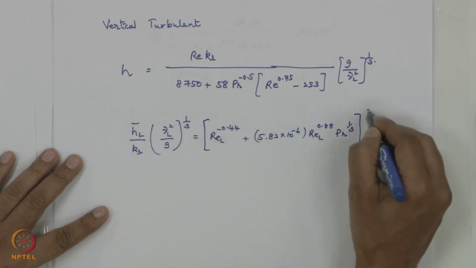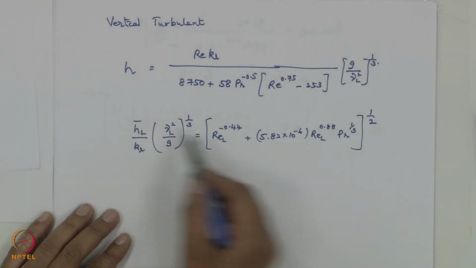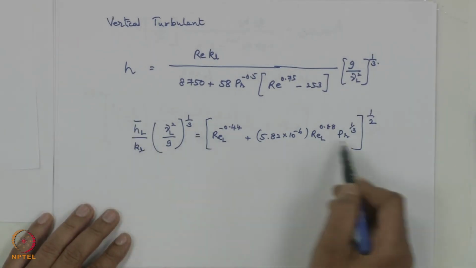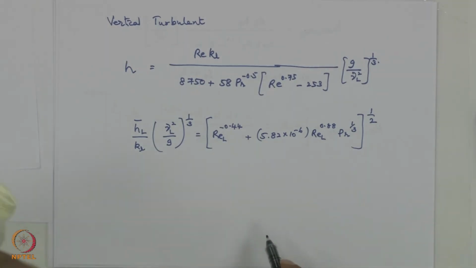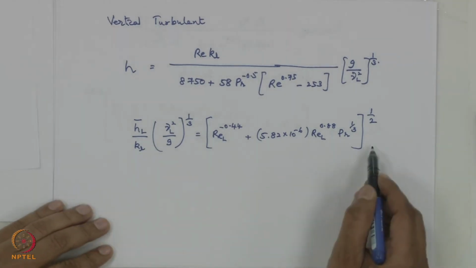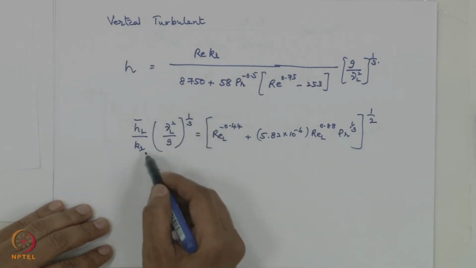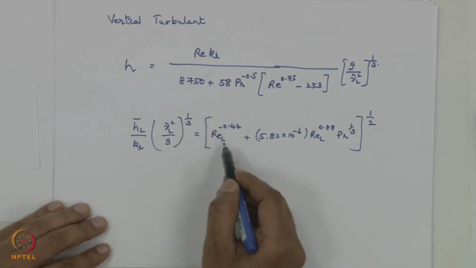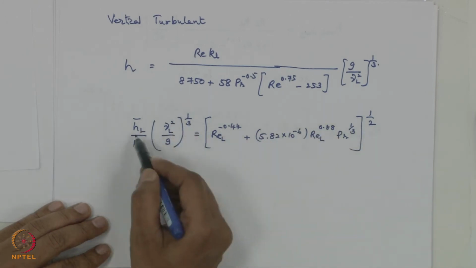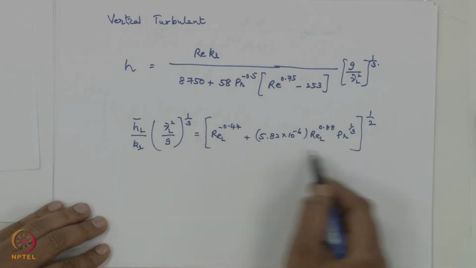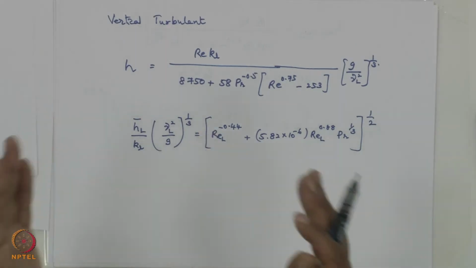So how do I get my Reynolds number? If I know the average heat transfer coefficient, the Prandtl number, and all the properties, I can solve this by trial and error. But in a few textbooks they plot Re_L as a function of this parameter, so for a given value and Prandtl number, if you have a graph, you can directly get it.